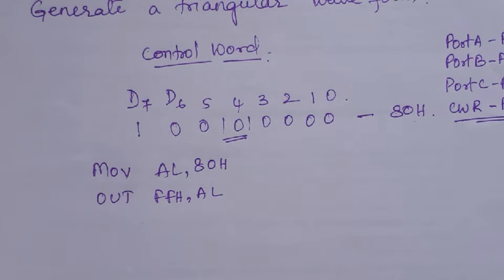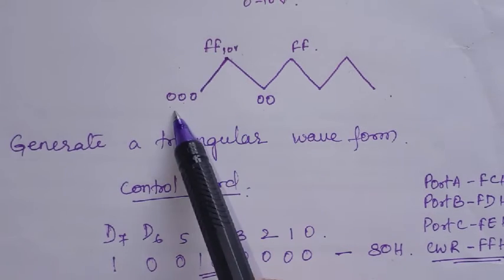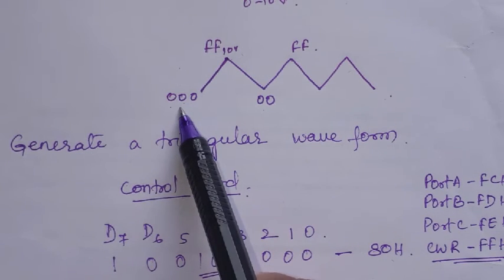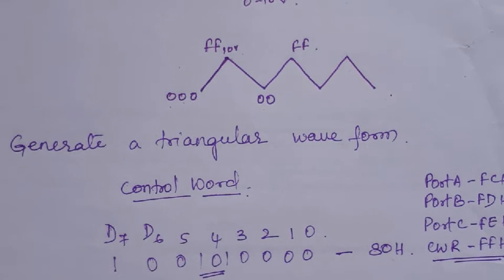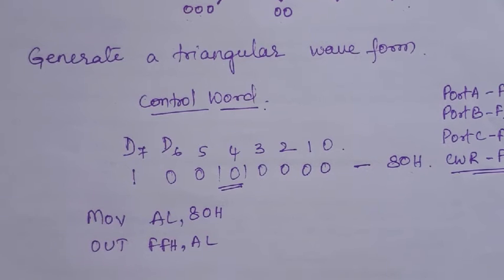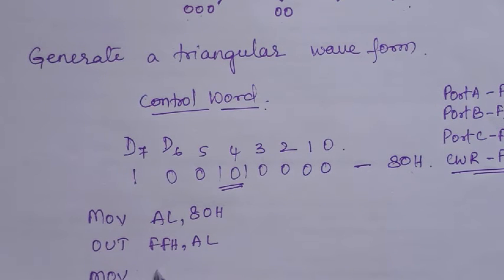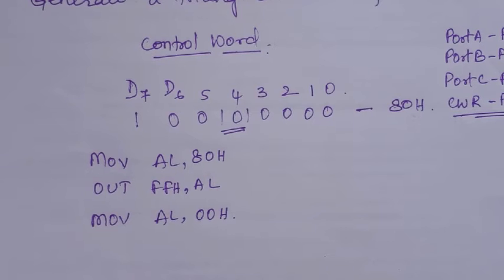Now initialize for triangular wave. First take 00 and send it to port A. Okay, so move AL with 00H, initialize it with 00H.